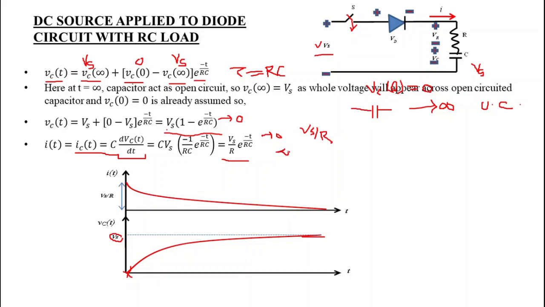At t equals infinity, this whole capacitor current will tend to become 0. So initially when t equals 0, the capacitor current is Vs by R, and when time tends to infinity, it will tend to 0. So these are the waveforms for capacitor current Ic(t) and capacitor voltage Vc(t).